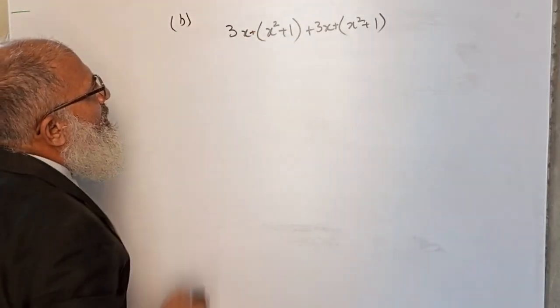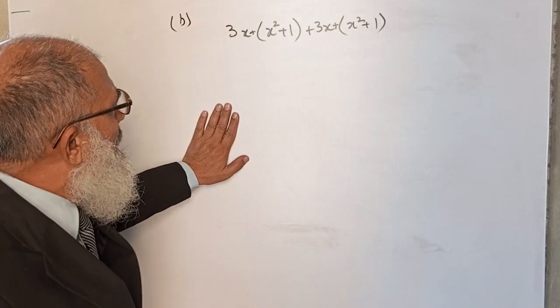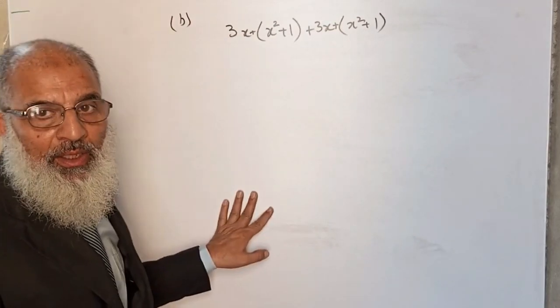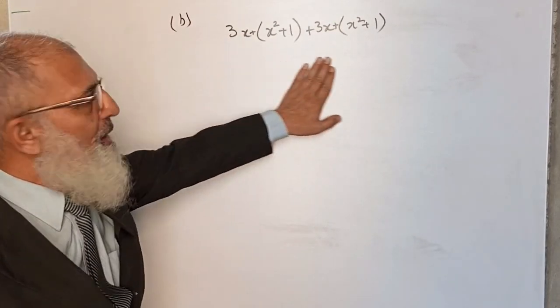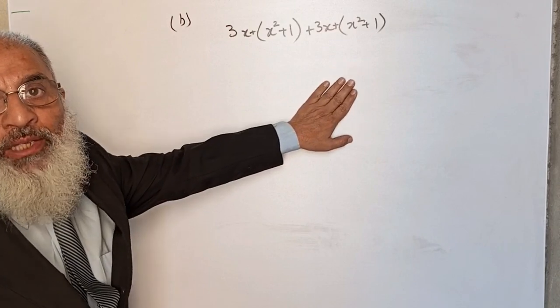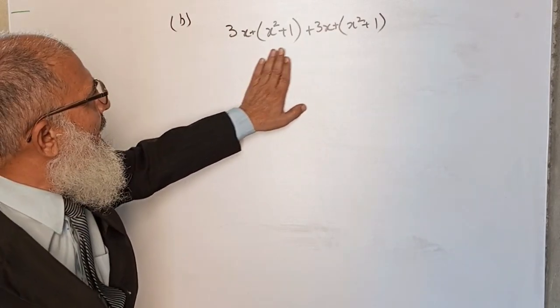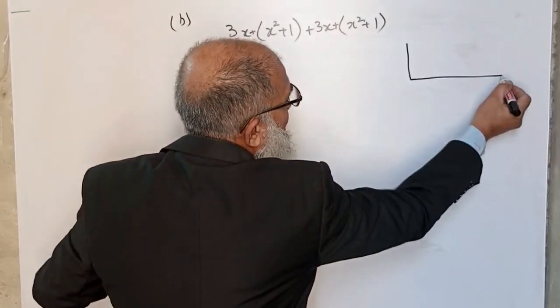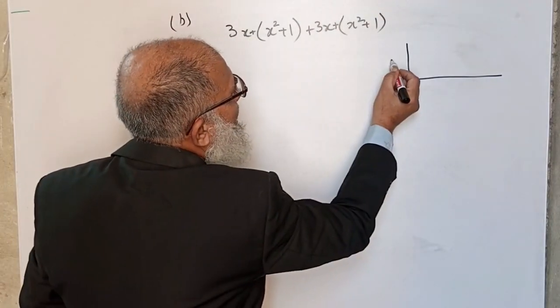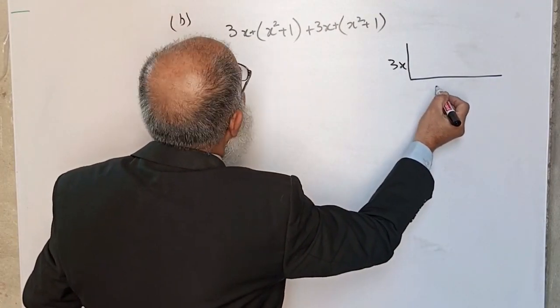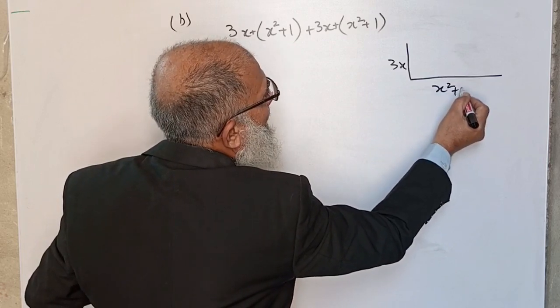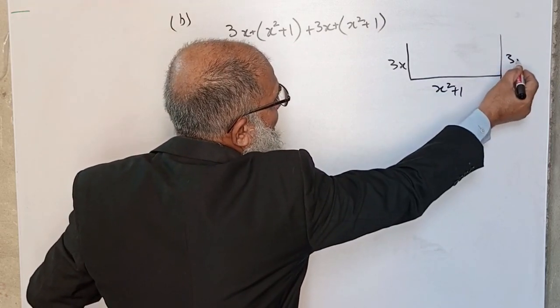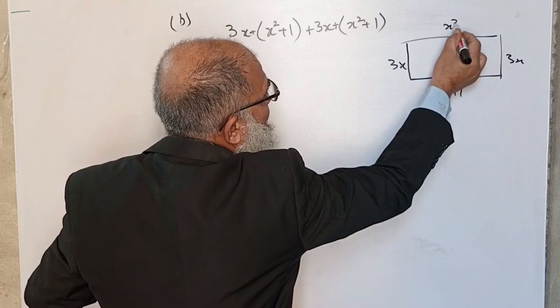Now dear students, this might be a rectangle as well, because from the data given, it seems that this is 3x and this is x square plus 1, and similarly 3x and x square plus 1.